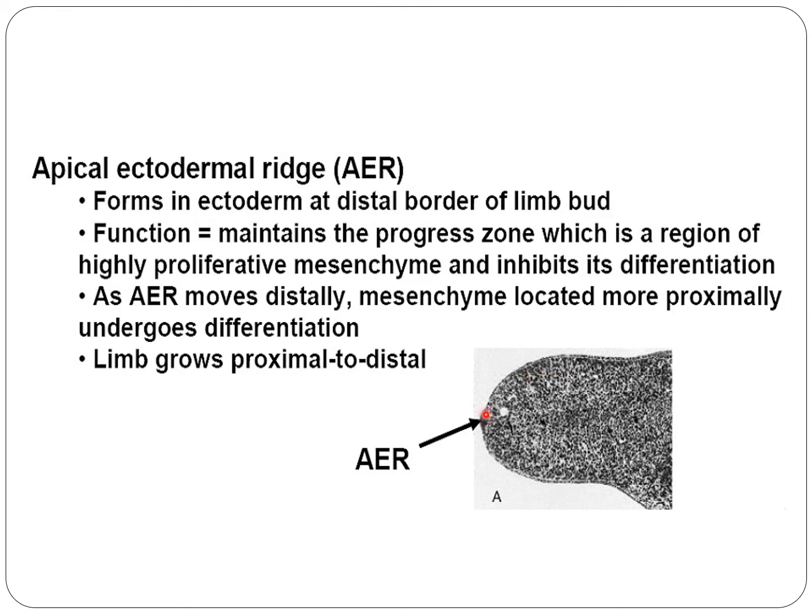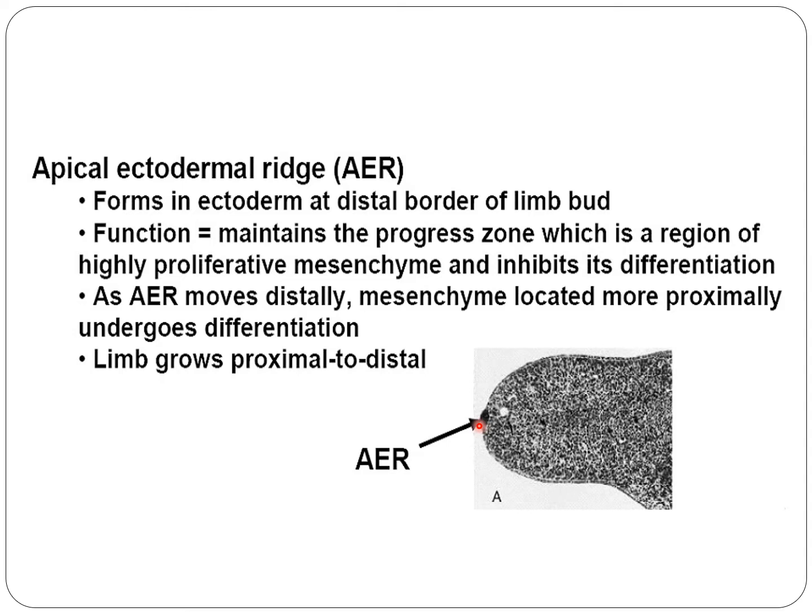Now, as we have discussed, the mesenchymal tissue, which is coming out as outpocketing from the body wall, is overlapped by ectoderm, which is known as apical ectodermal ridge, because it is present on the apex. That's why it is known as apical. The apical ectodermal ridge forms in the ectoderm at the distal border of the limb bud, as we can see.